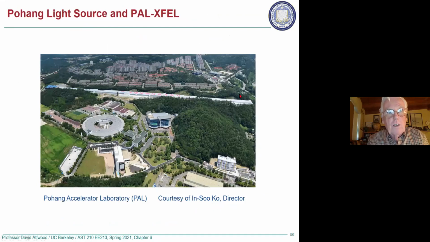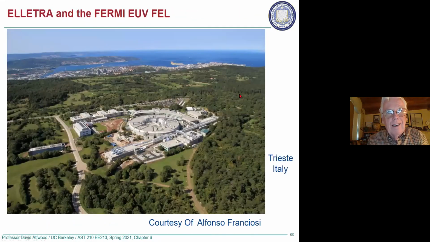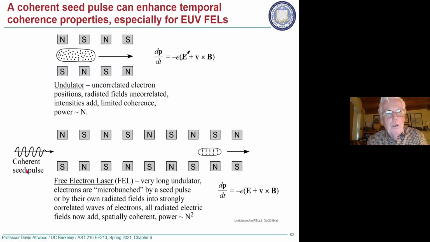We're also going to talk about using a seed, a real seed pulse. This is the Italian free electron laser called Fermi, after Enrico Fermi, and it's in Trieste, Italy, and they start with a coherent pulse.